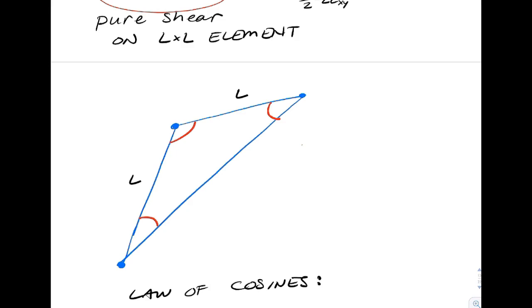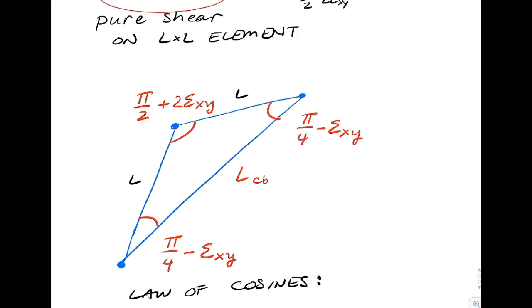And then we're going to have angles that have been created. Over here we've got an angle that originally was pi over 2 or 90 degrees. Added to it is going to be 2 epsilon xy, the shear strain. Down here we've got an angle that would be pi over 4 minus epsilon xy. Up here, same thing.